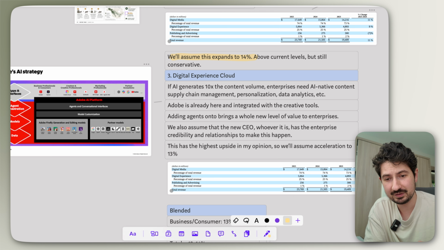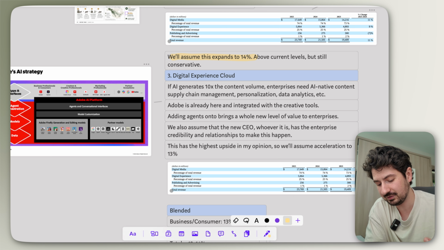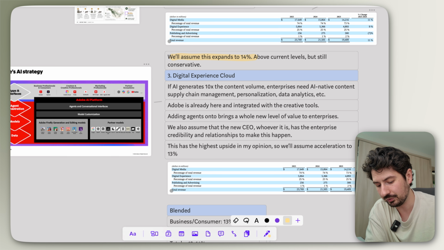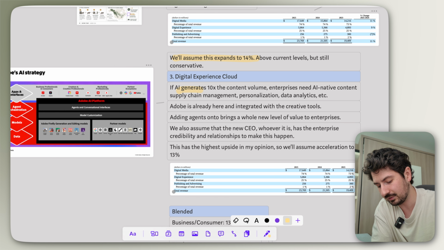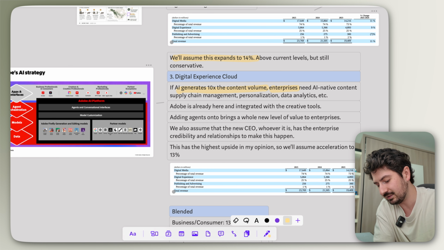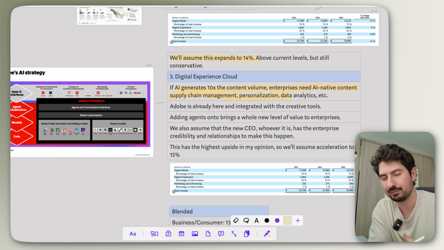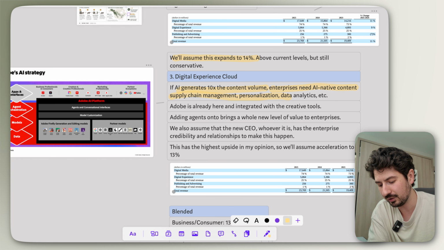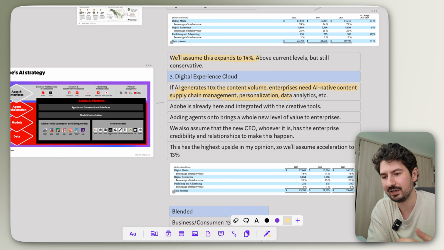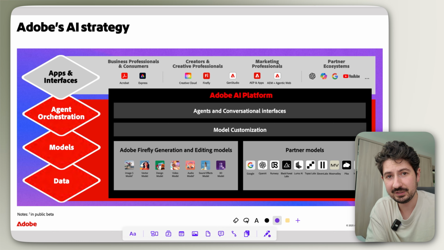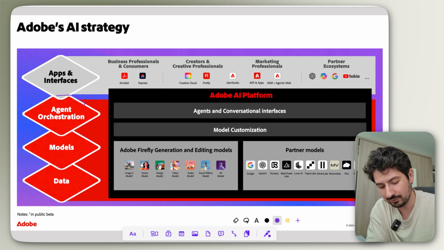And then finally, as we've been discussing, I think Digital Experience Cloud is the most interesting opportunity for Adobe in the AI world. If AI generates 10 times the content volume, enterprises need AI content supply chain management to allow them to personalize all of their content and their assets to different individuals in different markets, collect and analyze the data, and then manage campaigns across their various campaign platforms like Google and Meta, etc. And Adobe is already here, and it's already a huge focus for them.